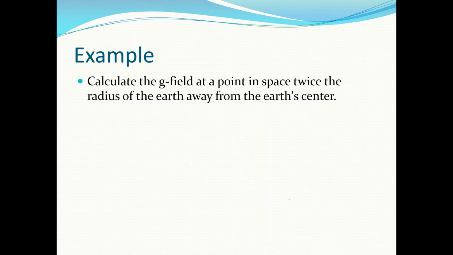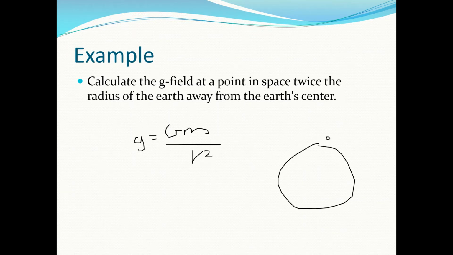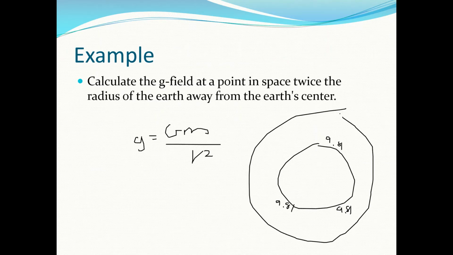Calculate the g field at a point in space that's twice the radius of Earth away from the center. So we're going to use our new formula. We know that our g field on the surface of the Earth is 9.81. As we get further away, it's going to get weaker, and we want to find out how much weaker.